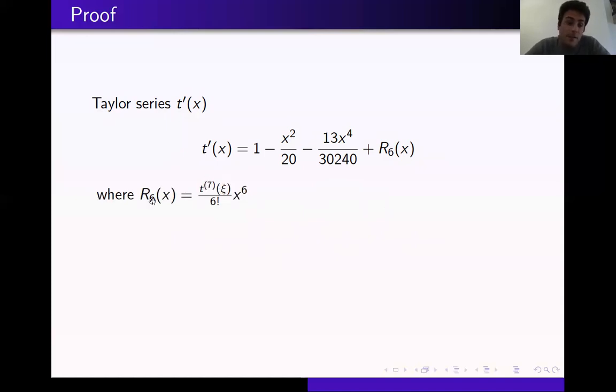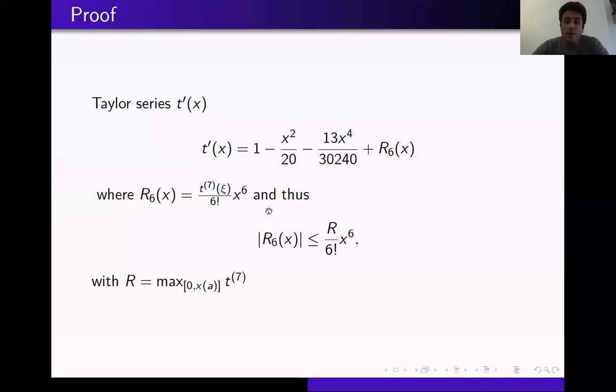This is because the sixth term can be written as the seventh derivative of t, since this is the Taylor expansion of the derivative of t already. So the seventh derivative of t evaluated at some xi in (0, x) times x to the sixth divided by 6 factorial.